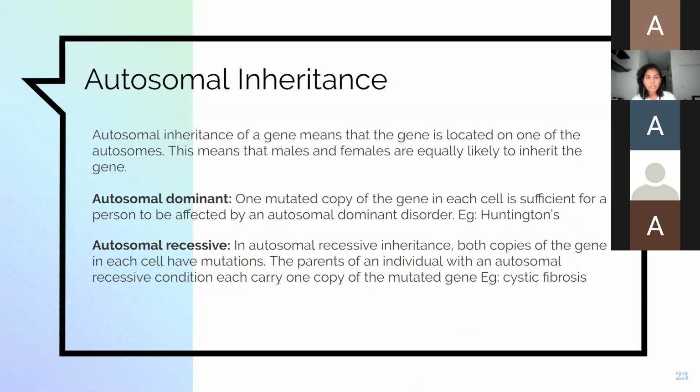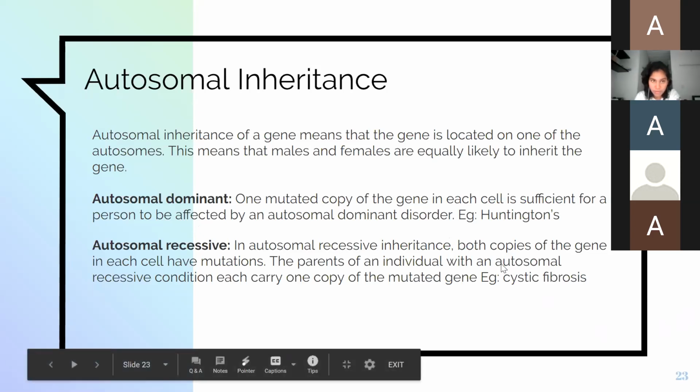For autosomal dominant, let's give an example: Huntington's is an autosomal dominant disease, where one mutated copy of the gene in the cell is sufficient for the person to be affected because it's dominant. In autosomal recessive inheritance, both copies of the gene mutation have to be inherited for the person to be affected. One example is cystic fibrosis.